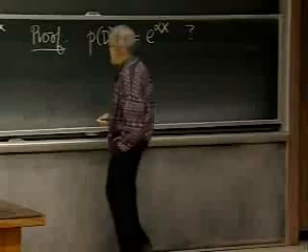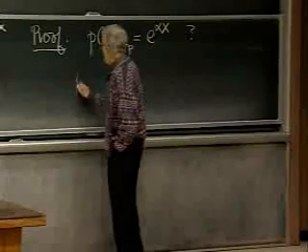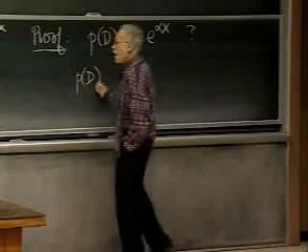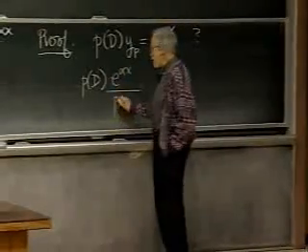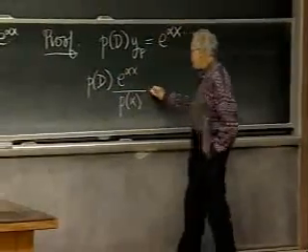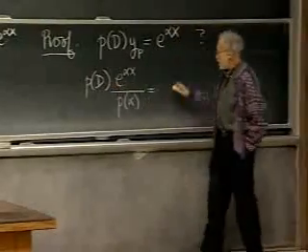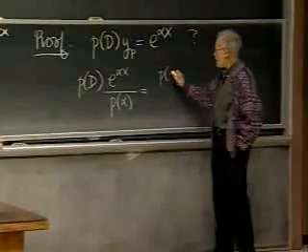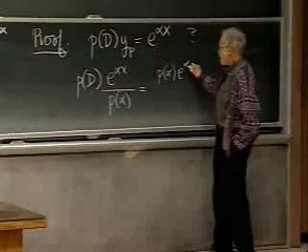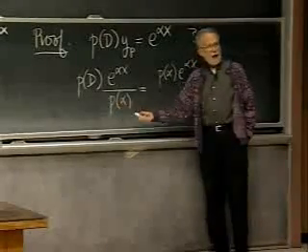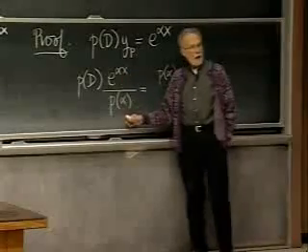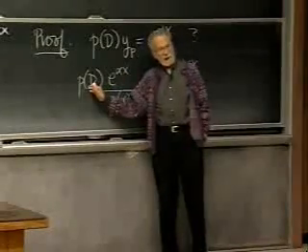Well, all you have to do is do it. What is p of D applied to e to the alpha x divided by p of alpha? Well, p of D applied to e to the alpha x is p of alpha times e to the alpha x. That's the substitution rule. What about this guy? This guy's a constant, so it just gets dragged along because this operator is linear.